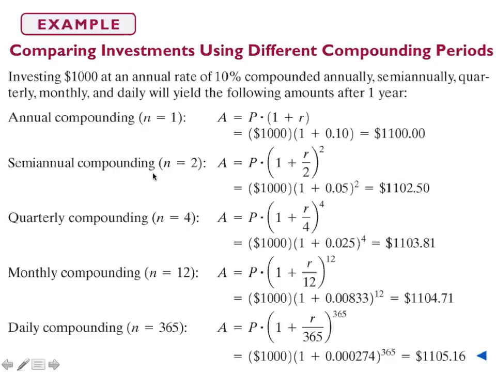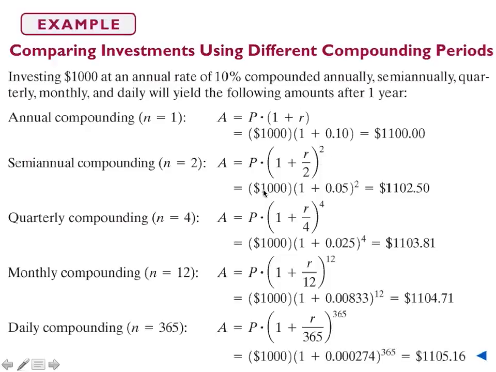Now, if you have semi-annually compounding, that means that you have something that's going to be compounded twice a year. So what you do with your interest rate is you divide it by 2 for the compounding twice, and then you raise it to the second power. This would be multiplied by the number of years, but in this case, we just have 1 year. So we just multiply 2 times 1, which just gives us 2.